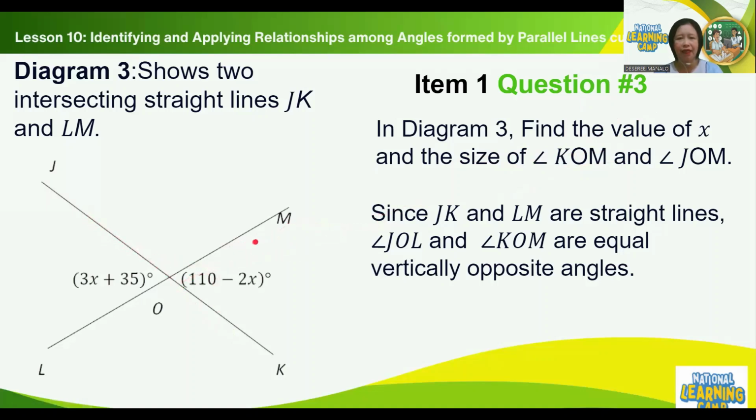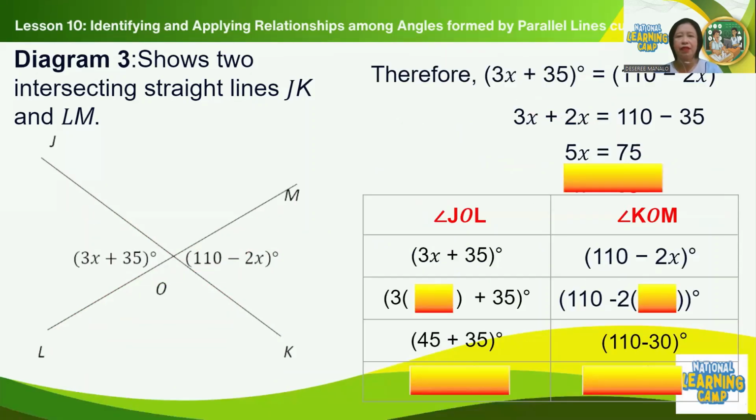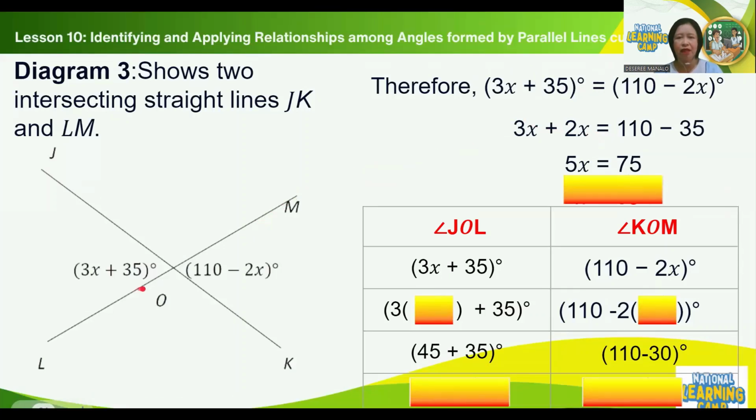Since JK and LM are straight lines, angle JOL and angle KOM are vertically opposite angles. So 3x plus 35 degrees is equal to 110 minus 2x degrees, since they are vertically opposite and congruent.